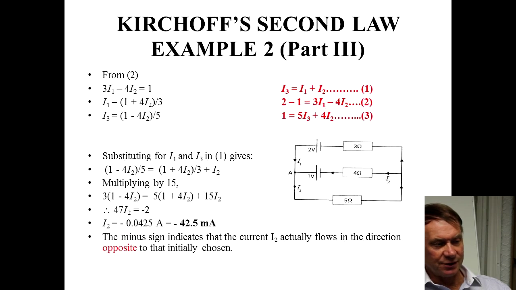So substituting these in equation 1 gives the result shown, and multiply by 15 to get rid of the fractions 5 and 3, we get the middle equation, and we get 47I2 is minus 2, giving I2 as minus 42.5 milliamps. The minus sign shows that the current I2 flows in the direction opposite to that initially shown.